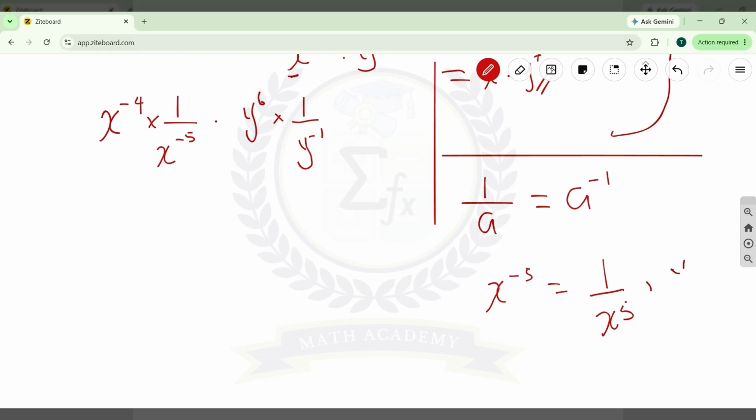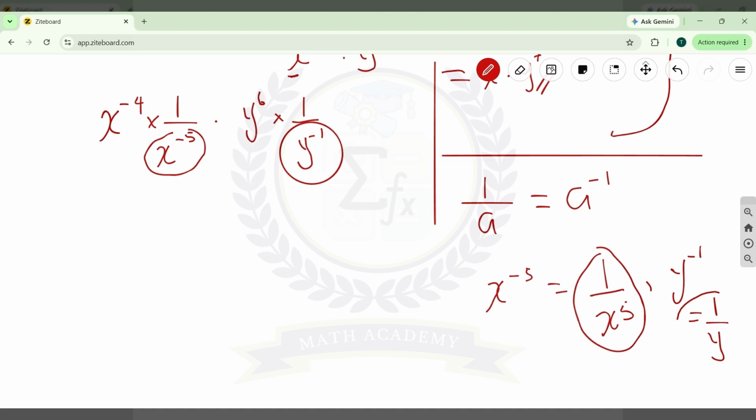Likewise, y to the power of -1 is equal to 1 over y. All right, so if we proceed, we can substitute x to the power of -5 for this, and we'll substitute y to the power of -1 for this.